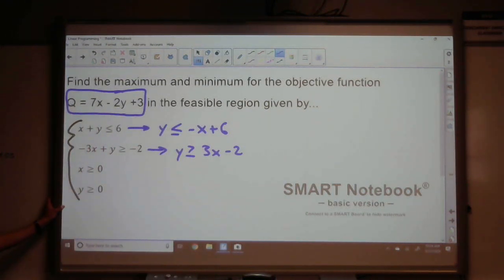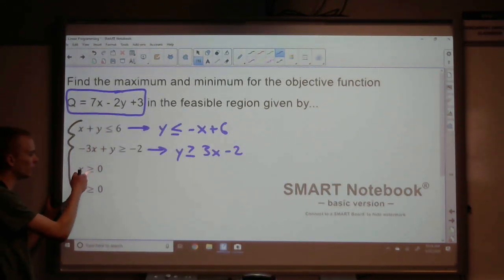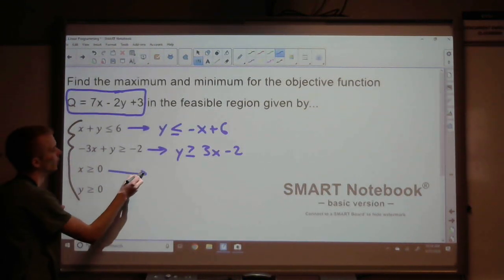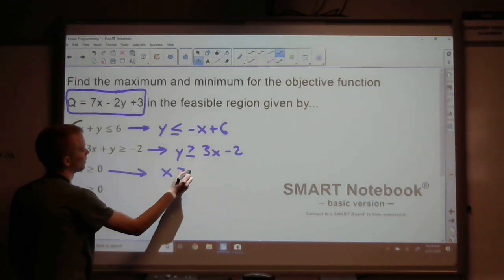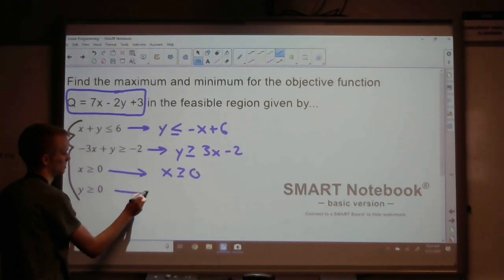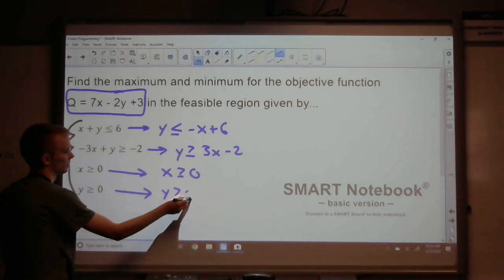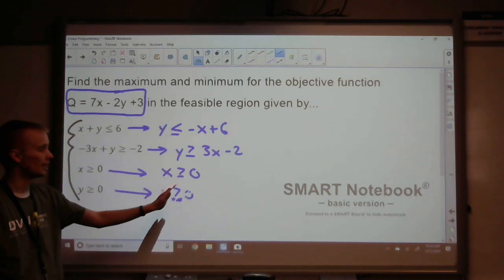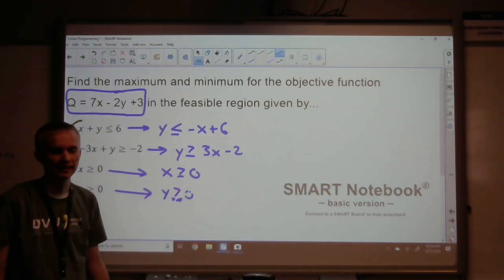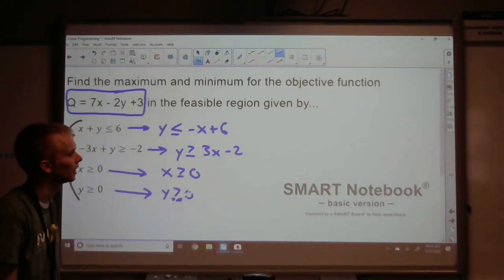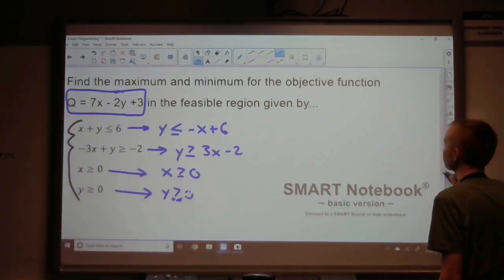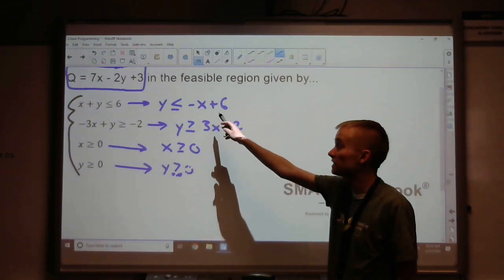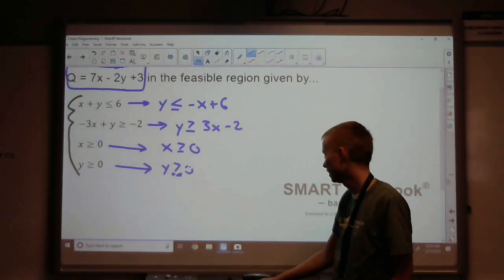And then these last ones are kind of already solved: x is greater than or equal to 0, and y is greater than or equal to 0. They're not equations of lines, but if you replace them with equal signs, they would be. So this is our feasible region given by these inequalities.